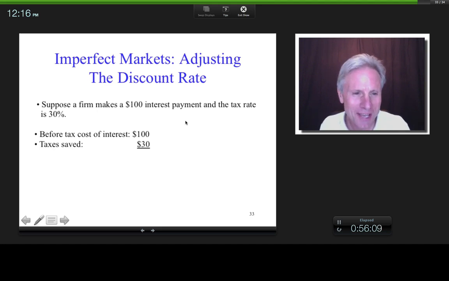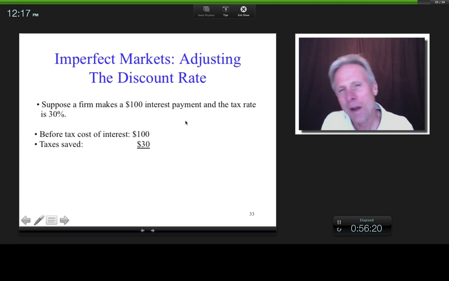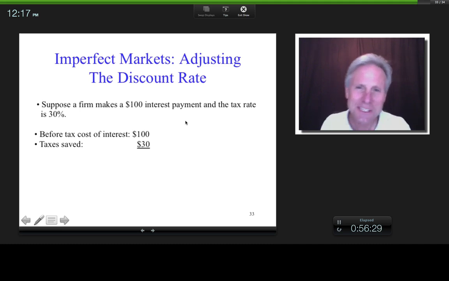So in other words, they'll save taxes of $30. Let me put it a different way. Suppose somehow a firm had $100 of additional taxable income and the tax rate was 30%. Well, how much extra would they pay in taxes? $30. But this is the other way around. This is $100 less of taxable income. So therefore they pay how much less in taxes? $30. And so therefore the after-tax cost of interest would be the $70.